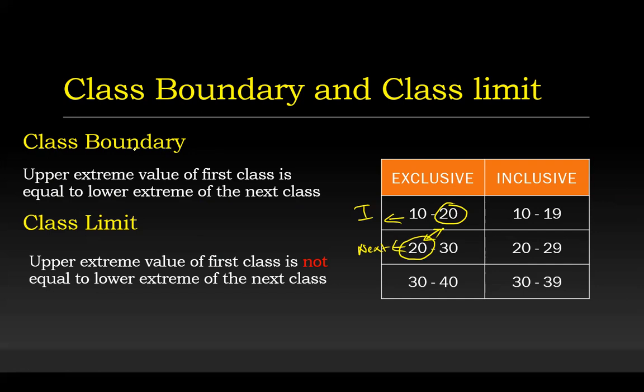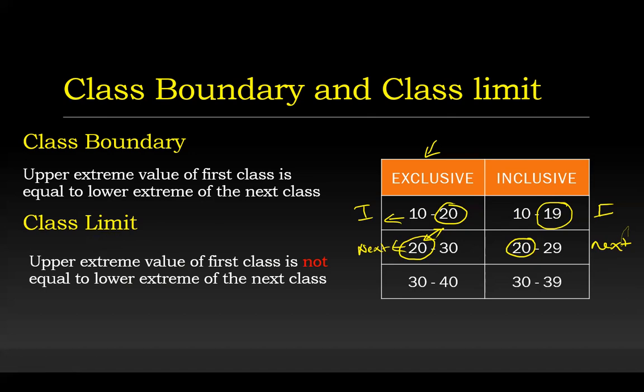Now I should not call this a class limit. So exclusive class interval will have class boundaries, that you can remember. Exclusive class interval will have class boundaries. Now the upper extreme value of the first class, I'm going for the first class, this is the next class. Now the upper extreme value is 19 of the first class, then the lower extreme value is 20. When these two are not equal, then we will call this the class limit.